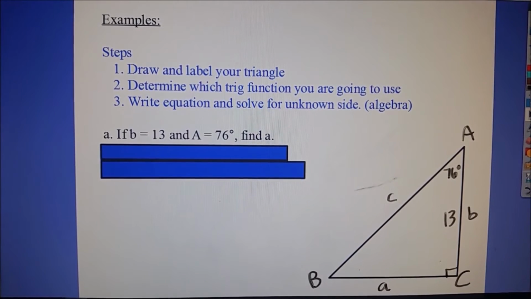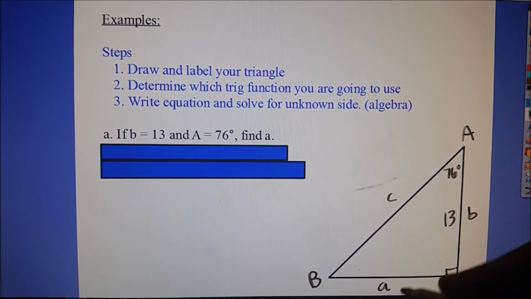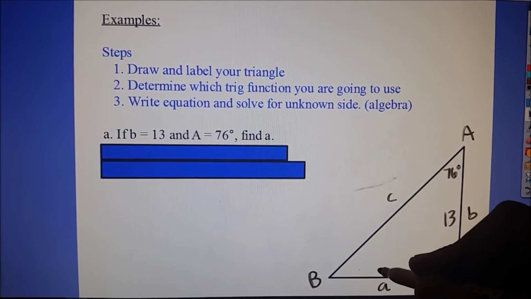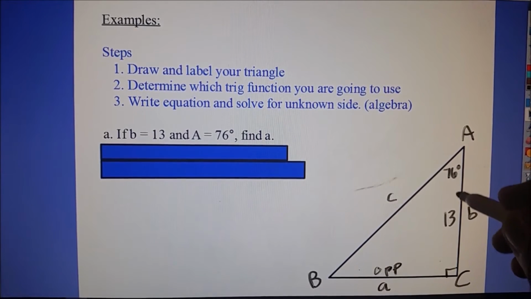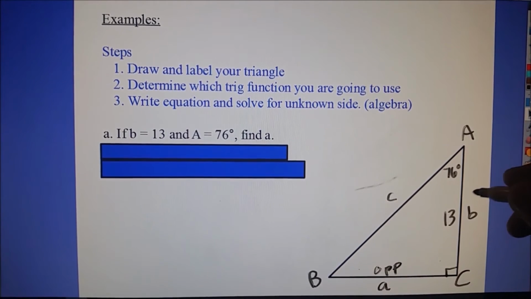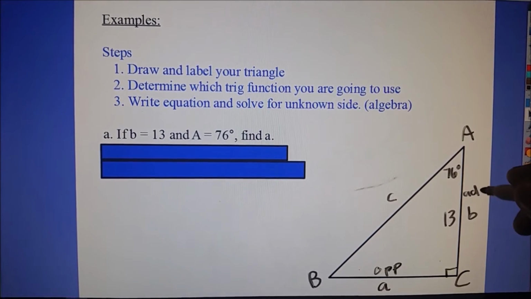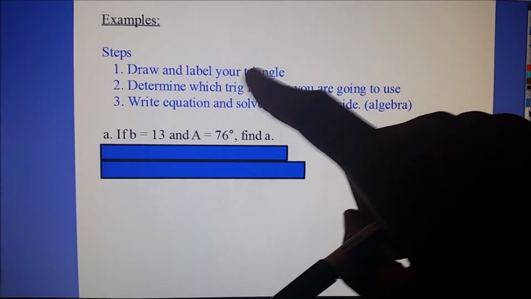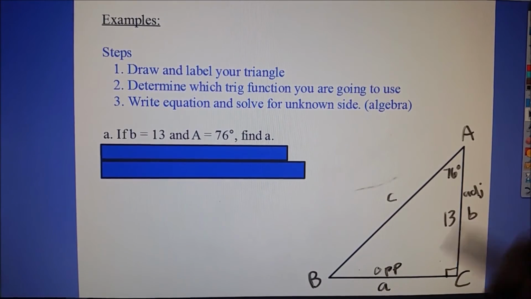Okay? So what are we trying to find? We're trying to find little a. Little a happens to be our opposite side of the angle that we're focusing on. And we already know B, okay, which is our adjacent side. Okay? So we've drawn our triangle, we've labeled our triangle, we know what sides we are focusing on.